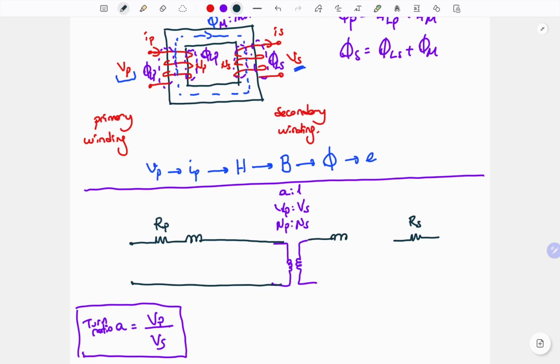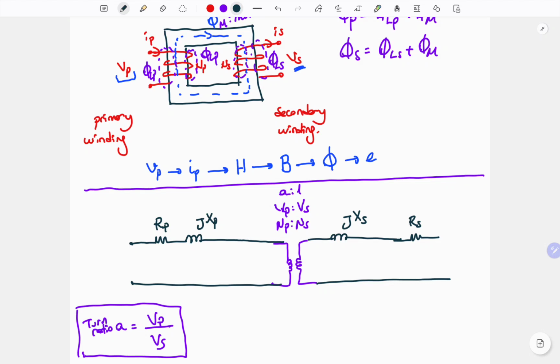So for the primary and the secondary side, we can use XP, which represents the primary side leakage flux losses, or similarly XS, and it represents the reactance due to the secondary leakage inductance.